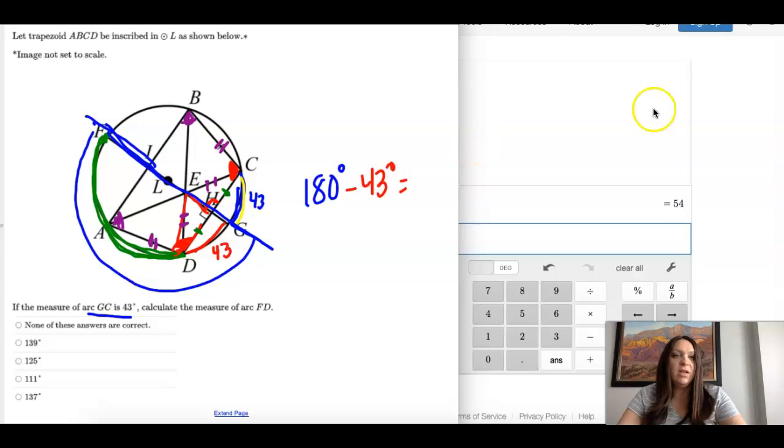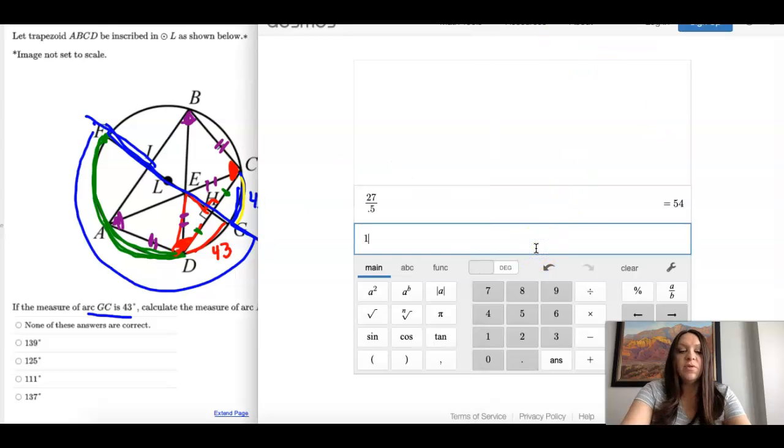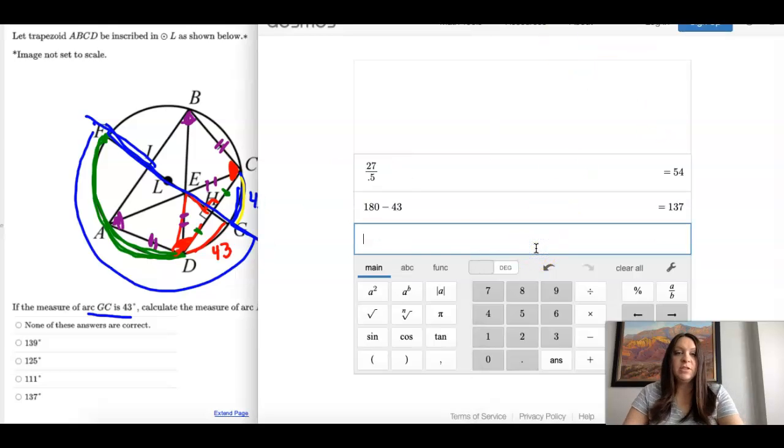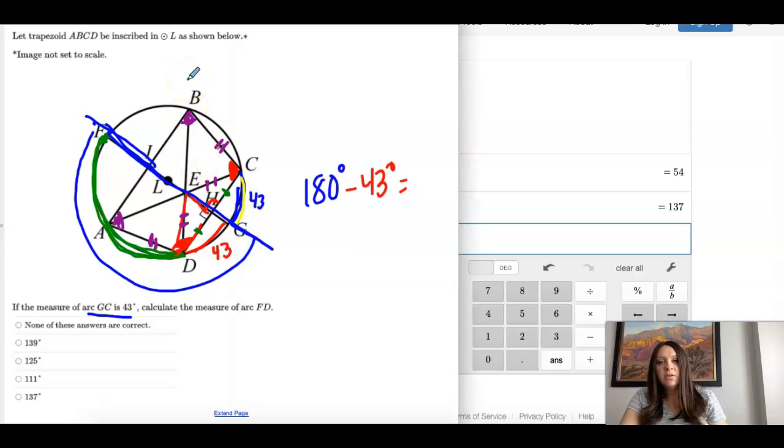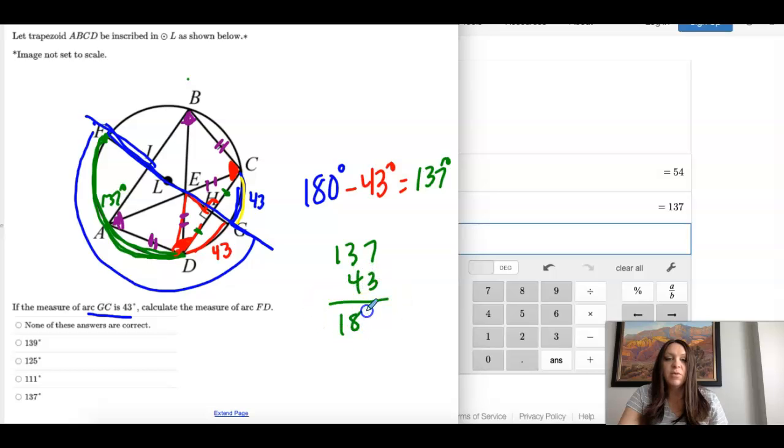So 180 minus 43 is 137. So this arc length would be 137. And if I add those together, the 137 and the 43, I would get the 180, which is half. But we're just looking for FD.